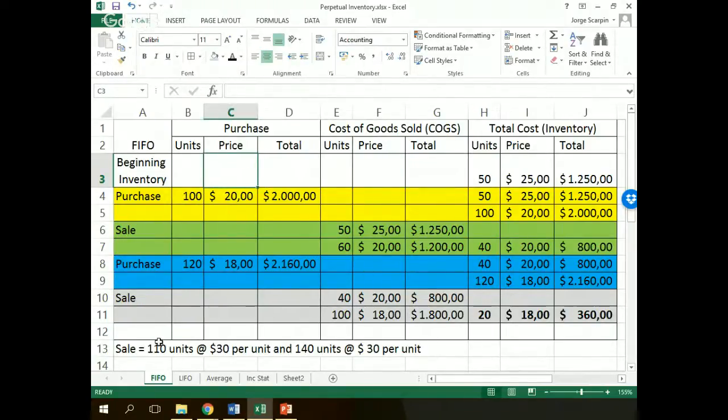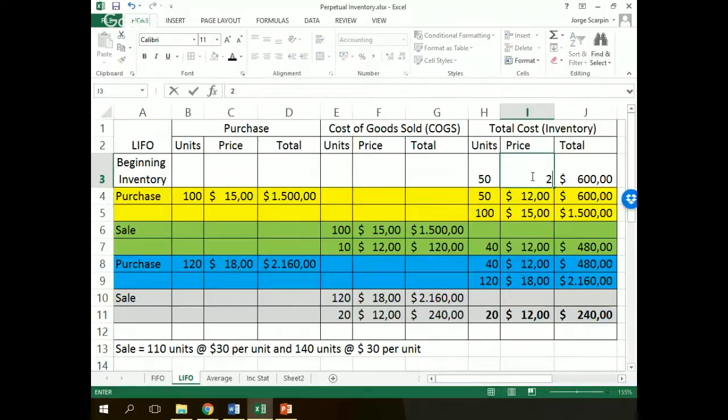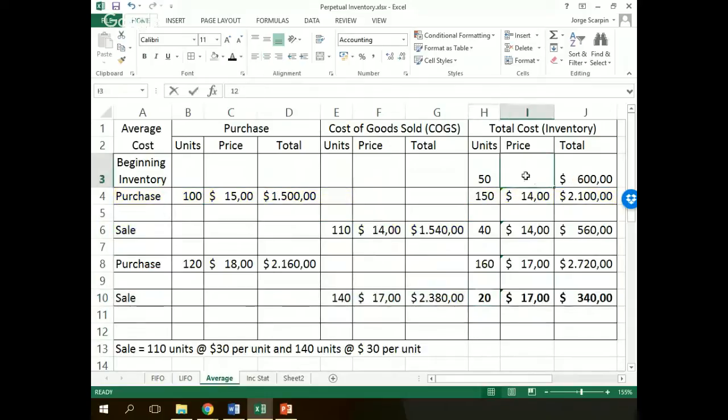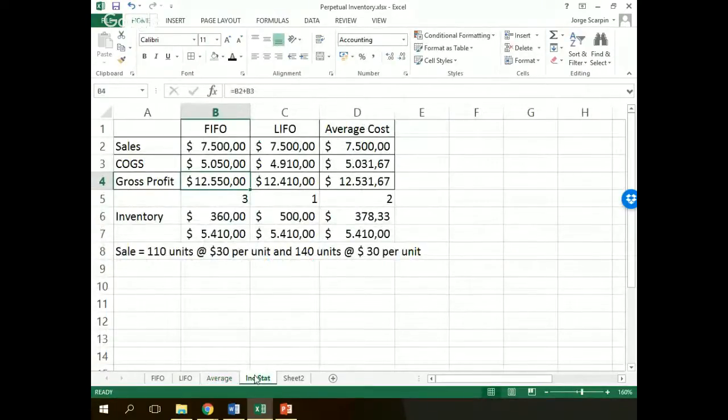So let's change on LIFO to 25 and 20 and average cost 25 and 20. So let's check our income statement. Whoa, FIFO now is the biggest one.